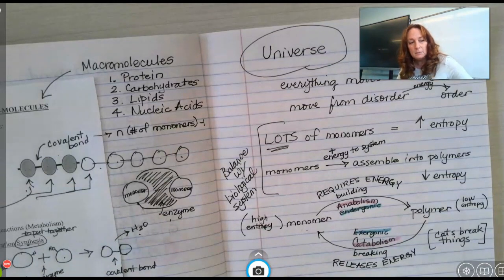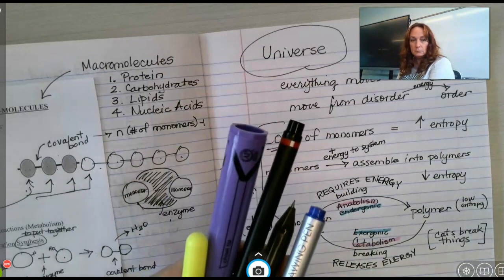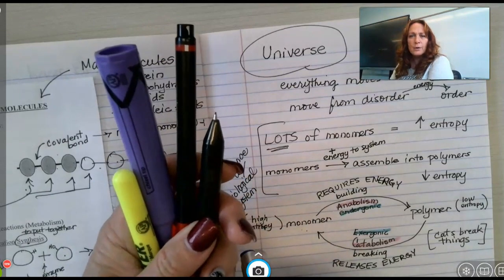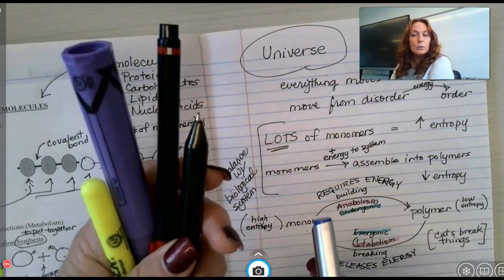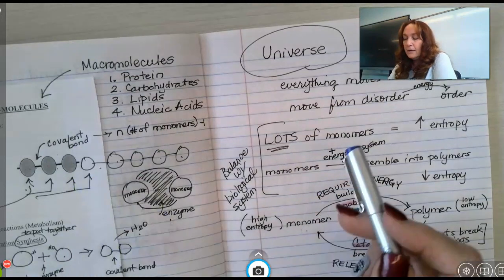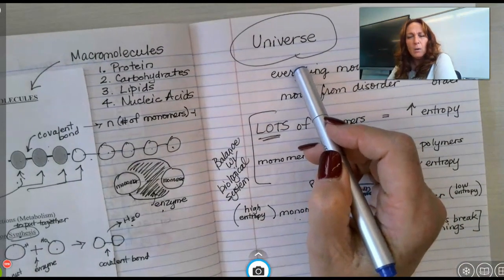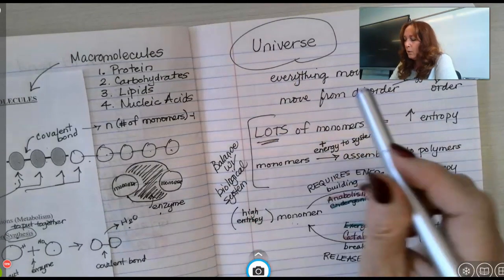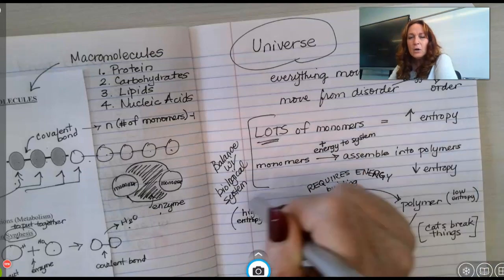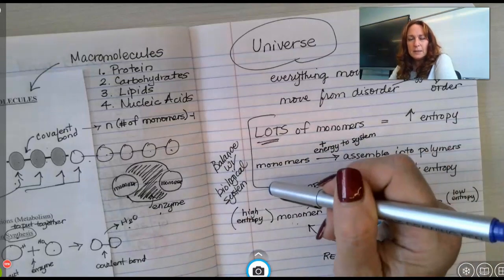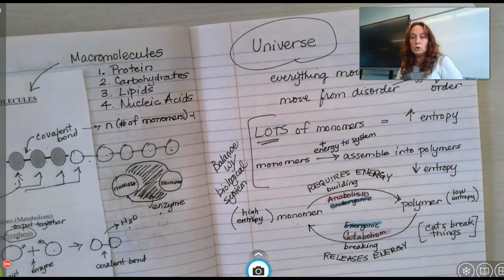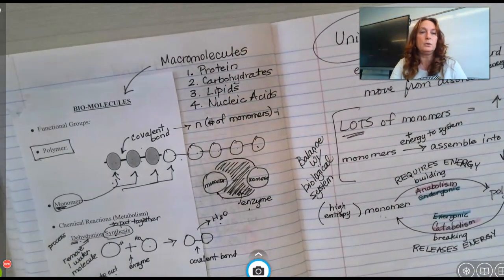I would take another color of pen, and as I watch Becca Delosier talk, or the science music guy, or whoever has got the other little video, if somebody says something and I'm like, oh, why didn't Miss Kay say it that way? That makes a lot more sense. Well, then write it in here. Add on to your notes and let those pieces of the videos help make sense of things. So that's what you should be doing as you go. So we're done now with the macromolecule introduction.